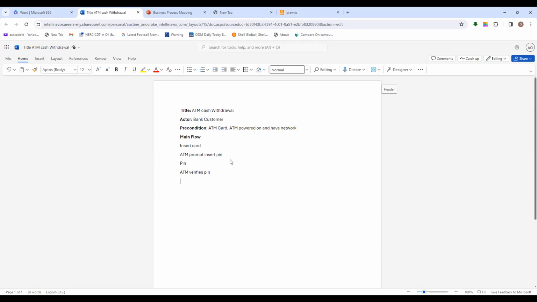After verifying PIN, what happens? If the PIN is correct, what will happen?